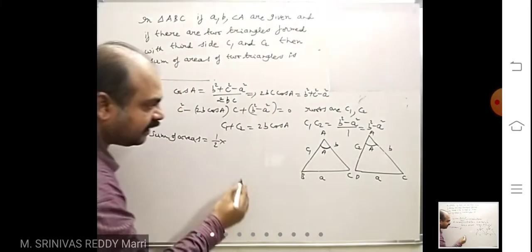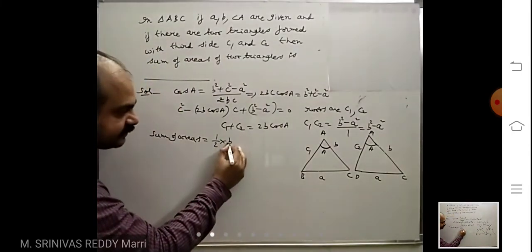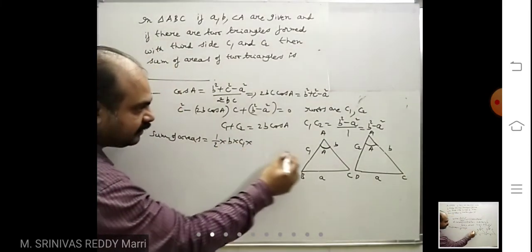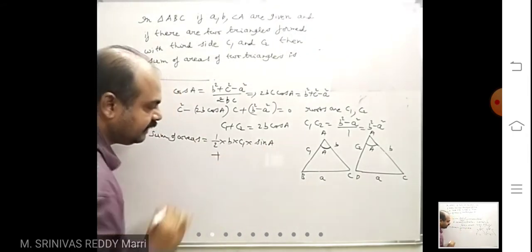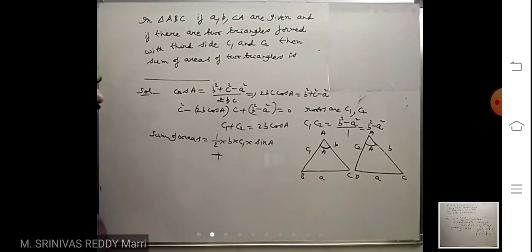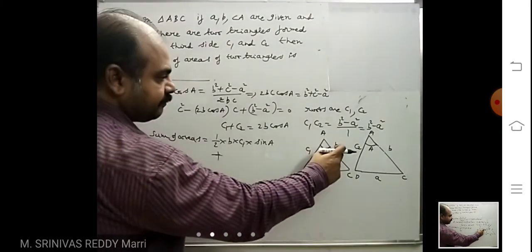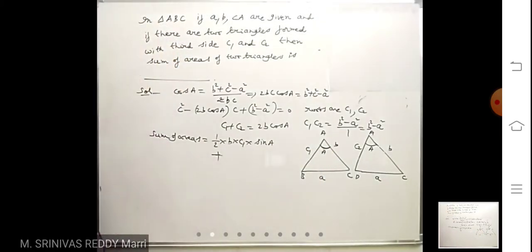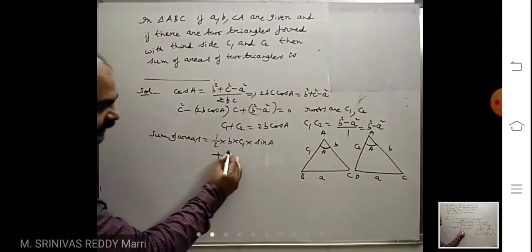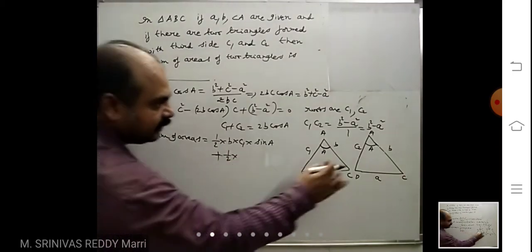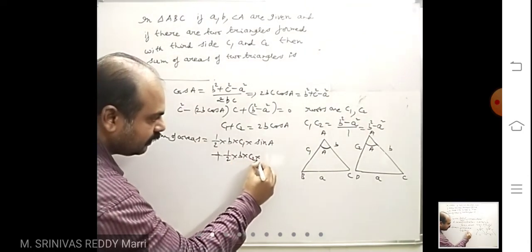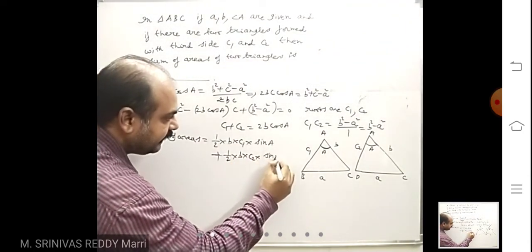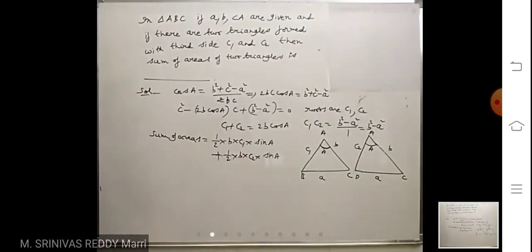Half into b into c1 into sine of the angle between them. That is the triangle area formula. So the next triangle is half into b into c2 into sine of the angle between them. This is the sum of areas.